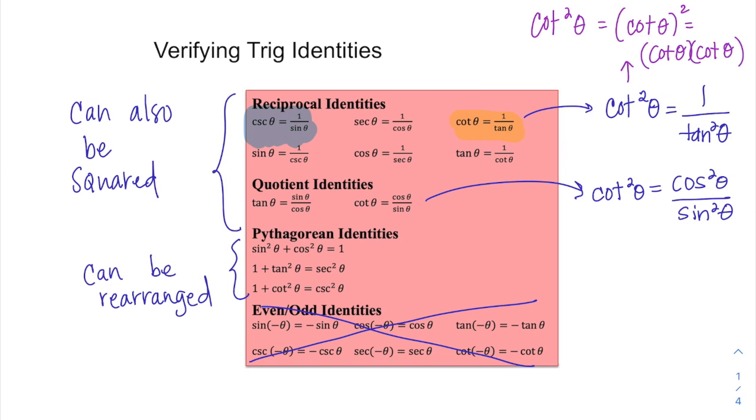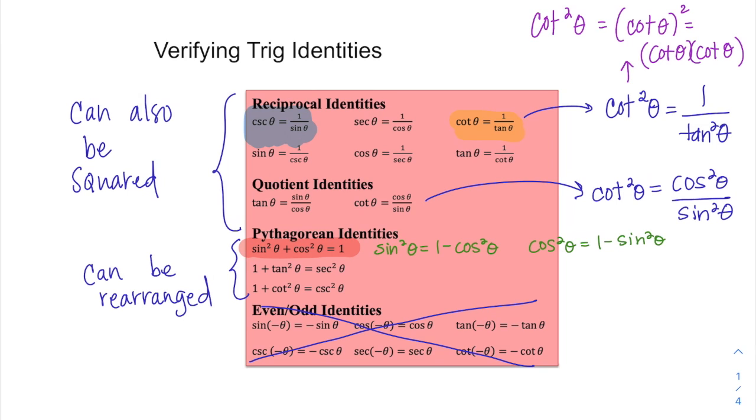The most common one is sine squared plus cosine squared equals 1. Here, I'm going to highlight it red. This one's going to come up most frequently. And the nice thing about this is I can also rewrite it. I could say sine squared theta is equal to 1 minus cosine squared theta if I subtracted cosine squared from both sides. I could also say cosine squared theta is equal to 1 minus sine squared theta.